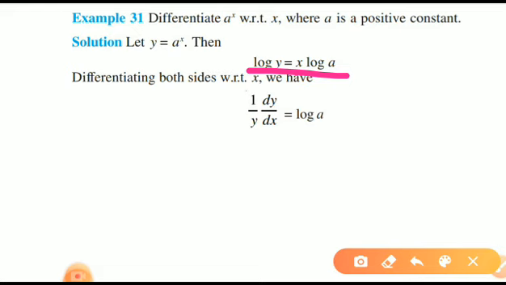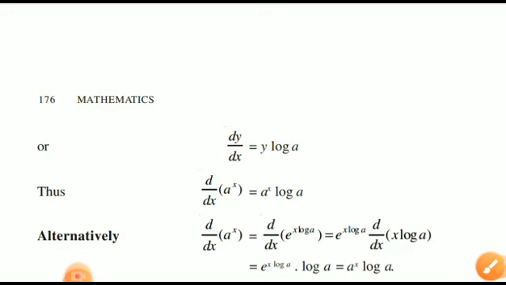Now multiply y to the other side, so I'll get dy by dx equal to y into log a. Is it clear? So directly we can say the derivative of a raised to x is a raised to x log a. This we have already seen.